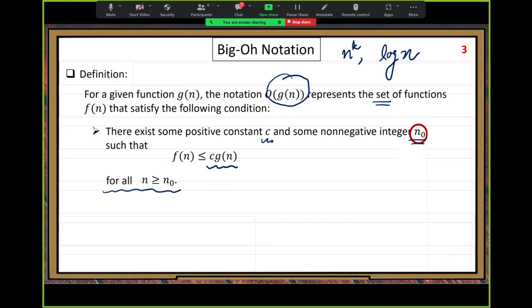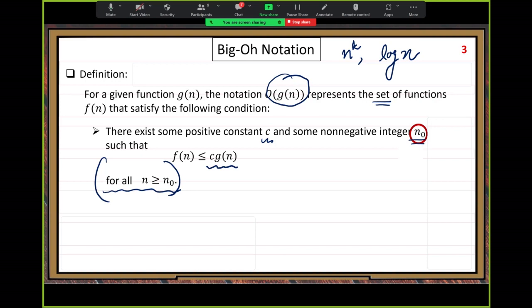The important part is, for n greater than or equal to n0, the condition holds. Now I have touched all the important pieces here.